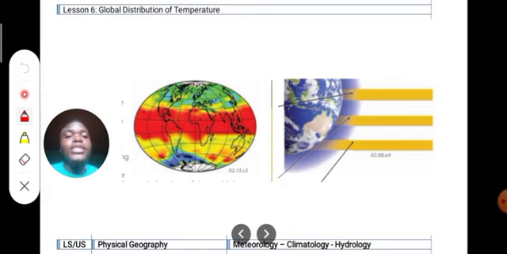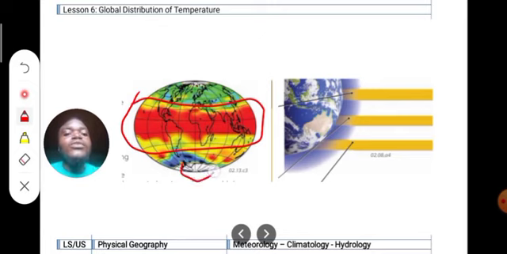This is to tell you that places which are found over such regions are generally hotter than places which are found away from these regions. Now if you look at the polar regions which are found at the extremes, you will notice that they are painted white, which means they receive little or no sunlight compared to the equatorial and tropical regions of the world.